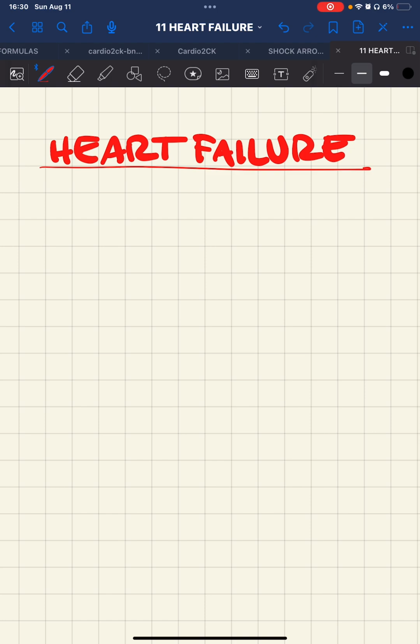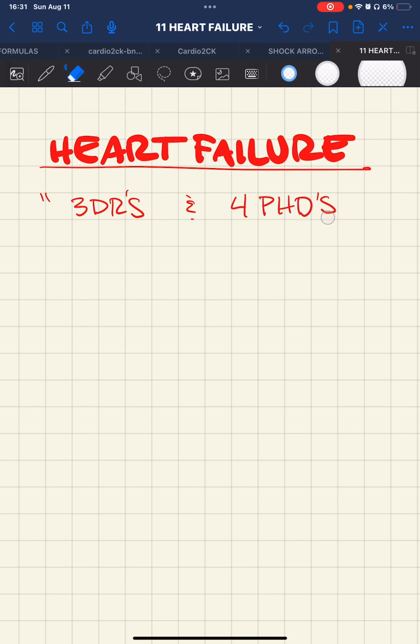To remember this, let's remember this phrase: 3 doctors and 4 PhDs. So this is to remember the strong high yield associations with each type of heart failure.